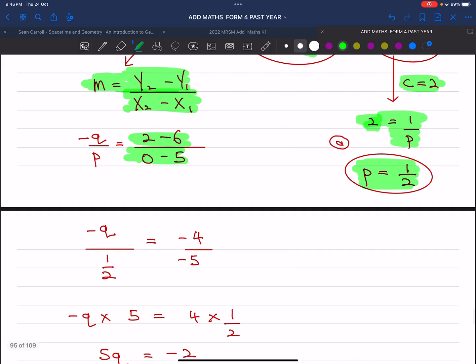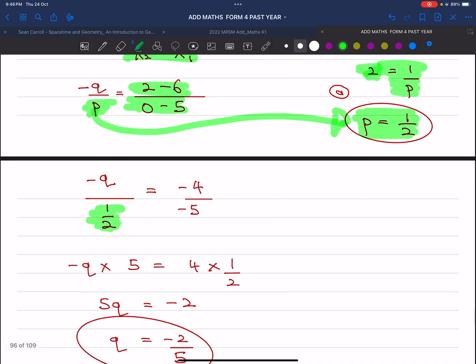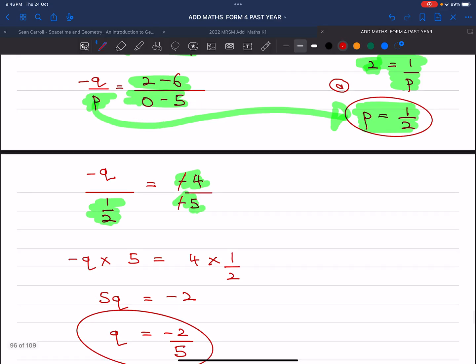And this p we already have, which is 1 over 2, so I replace p with 1 over 2. On the right hand side, 2 minus 6 is negative 4, 0 minus 5 is negative 5, and the negatives cancel.